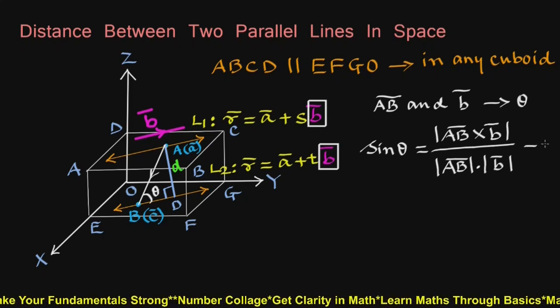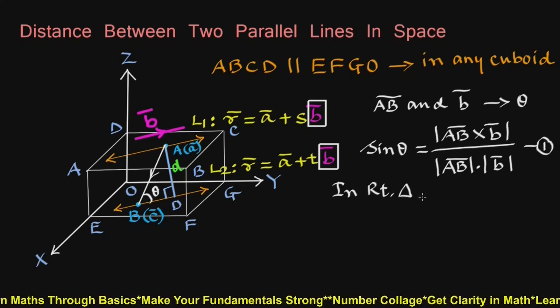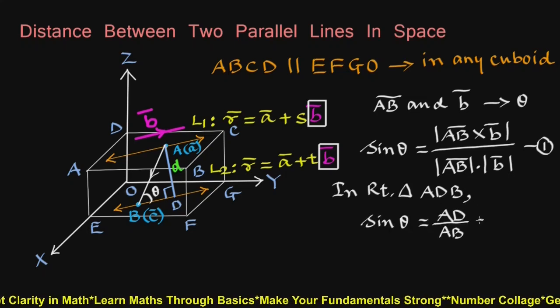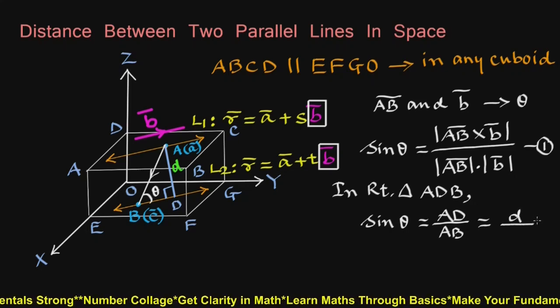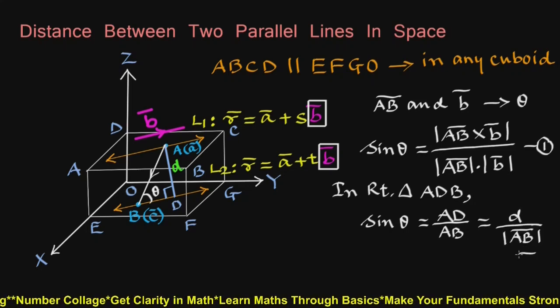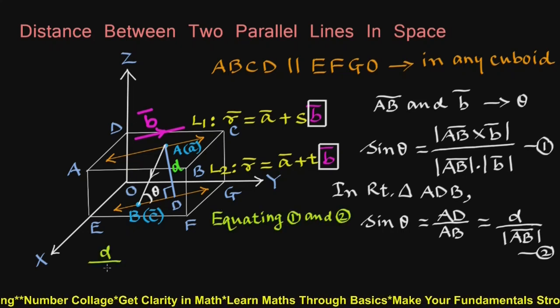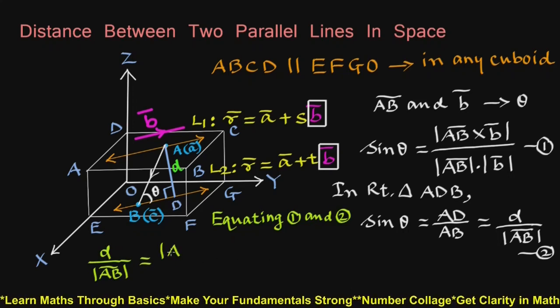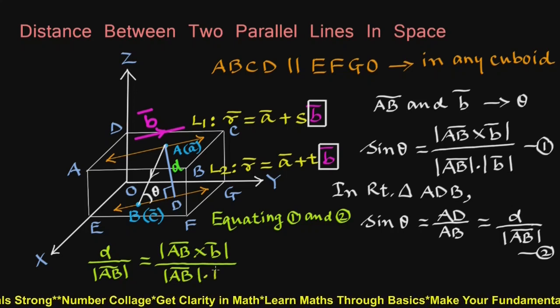We name this 1. We also have in right triangle ADB, sin theta is AD upon AB, that is length of perpendicular D upon mod AB bar. We name this 2. Now equating 1 and 2, we write D upon mod AB bar equals mod AB bar cross b bar upon mod AB bar into mod b bar.